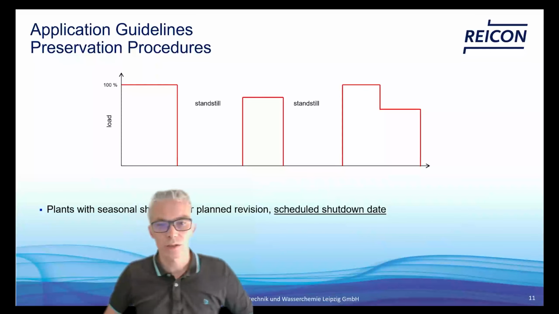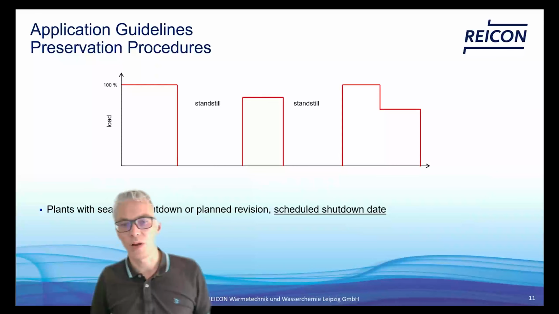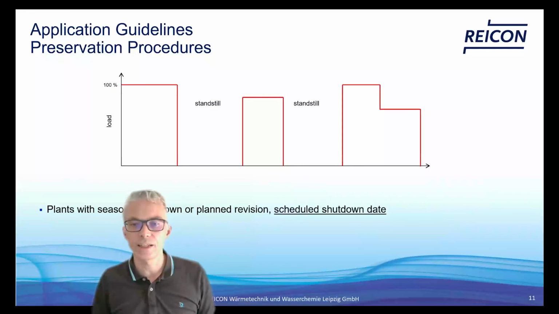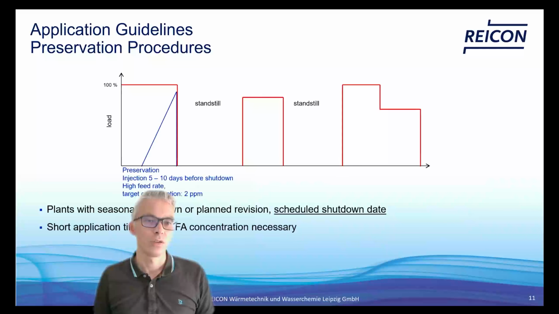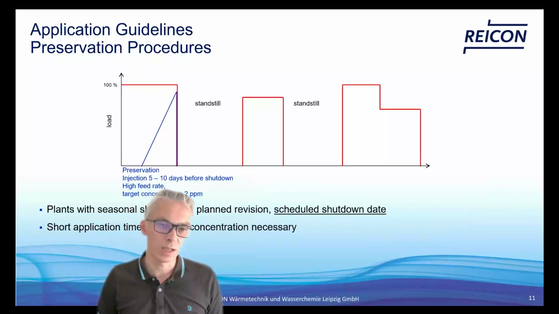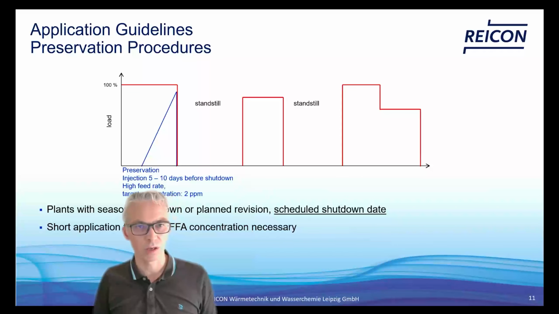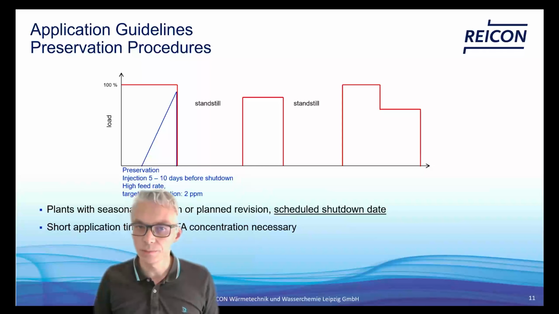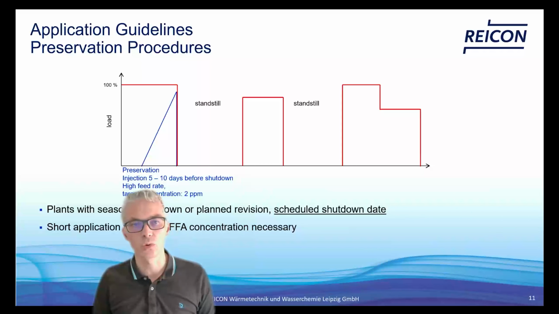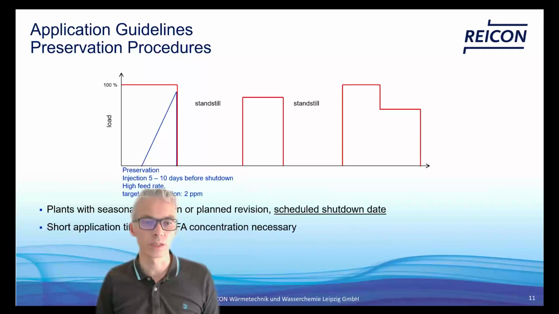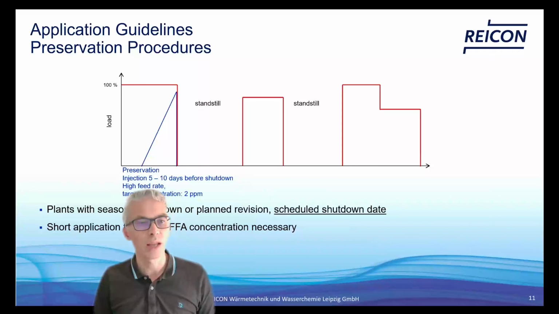If you stop the plant because of a planned revision, so you know exactly the shutdown date, you can start with the injection a few days before the shutdown, depending on how much time you have available. It can be 5 to 10 days, can be less, can be more. So this can be an individual case for every plant. Our target concentration is 2 ppm in the system to make sure that all the system is covered with a film layer.